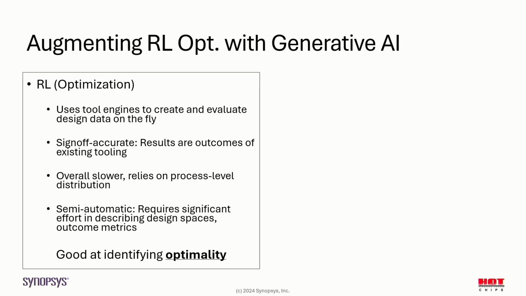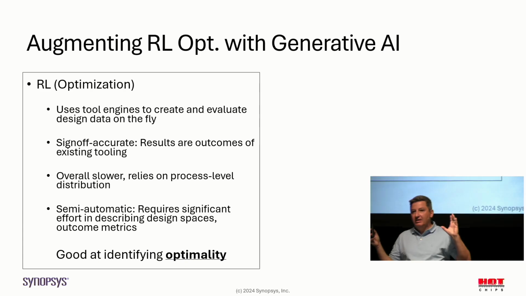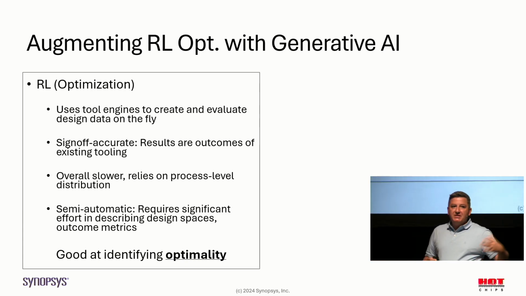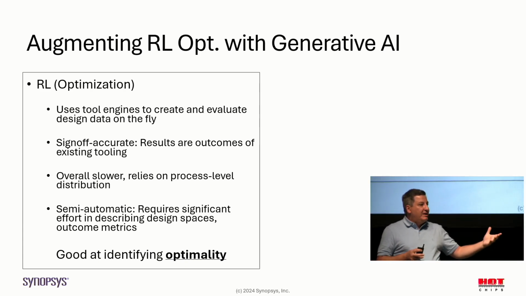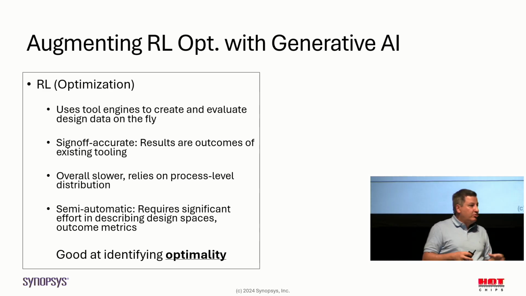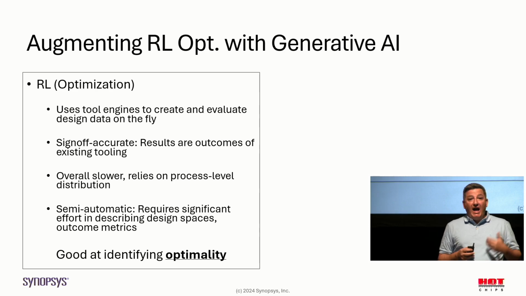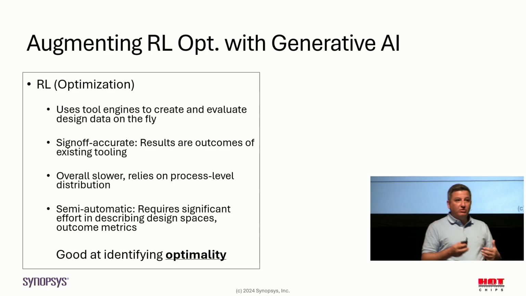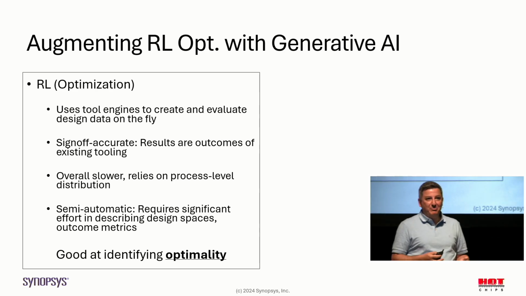Now, if I have this background and I start looking at how RL gets augmented, here is a summary, right? RL for optimization uses tool engines to create and evaluate the design data. That happens on the fly. It's accurate because all the data comes out of tools that you use for tape-out ready designs, so they're validated design flows.